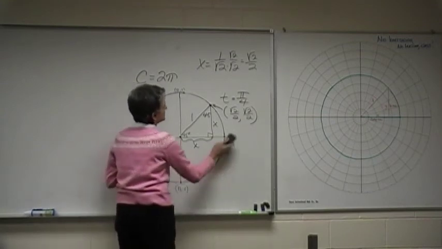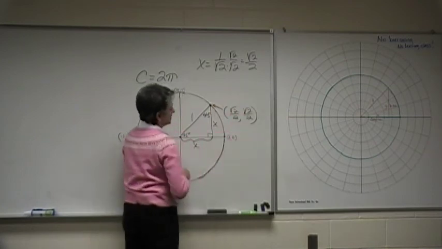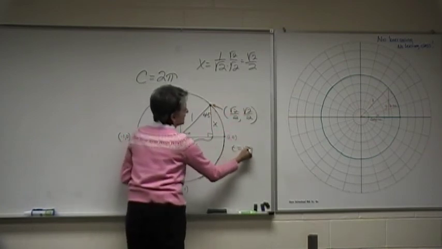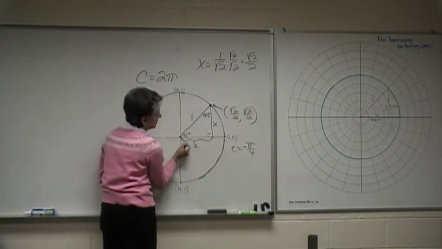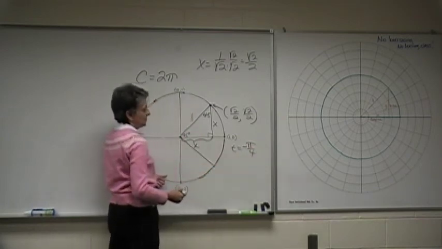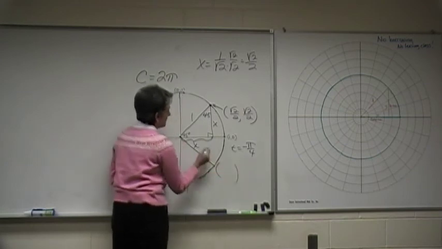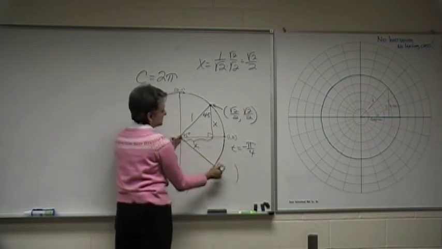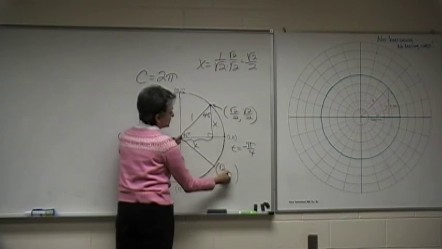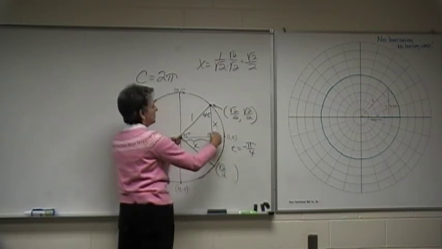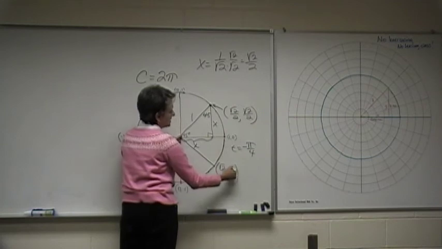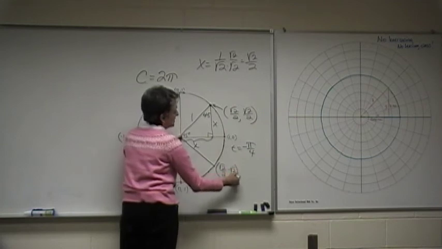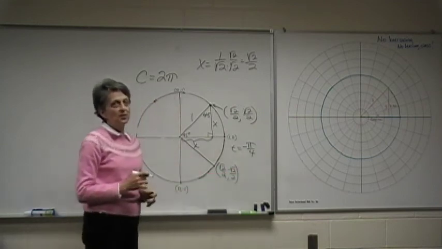If we traveled negative pi over 4, we would end up with our x distance being the square root of 2 over 2. But our y distance would be going below the x-axis, so it would be the negative value that we saw a little while ago.